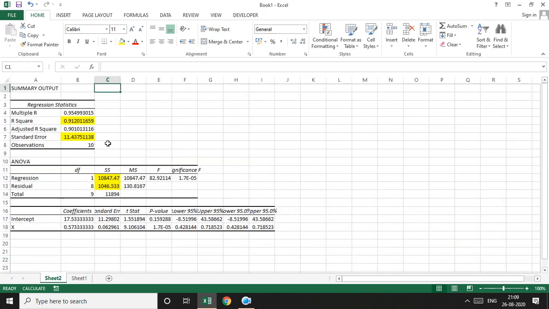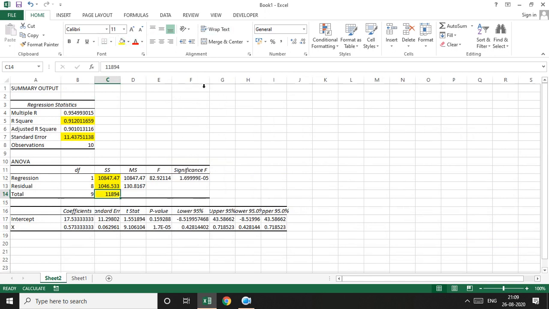Here also 11894. So this is the F value. That's not important for the simple regression model, but when we discuss the multiple regression model, we will discuss what this F is. Then look at the coefficients: this is the intercept, this is the slope.